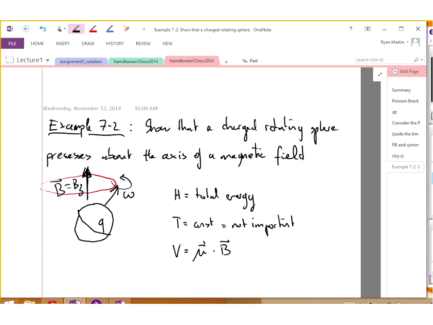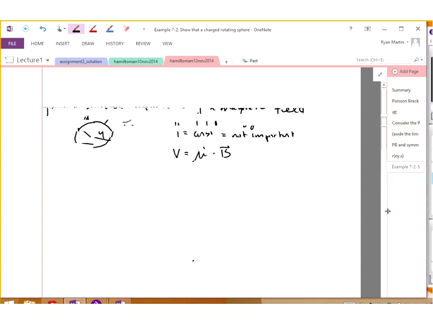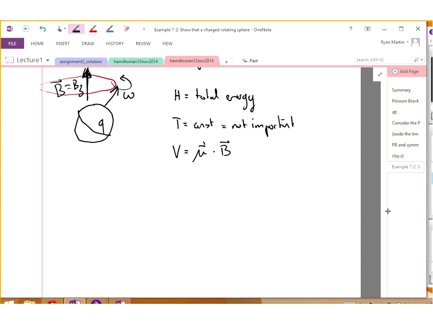And so there's an energy in trying to restore the axis of the magnetic moment with the axis of the magnetic field. I believe a lot of you are taking E&M, so I assume that that's straightforward to understand. So the potential energy is related to mu dot B.